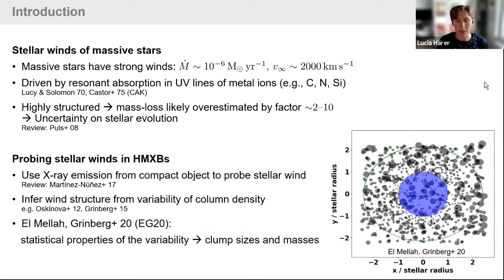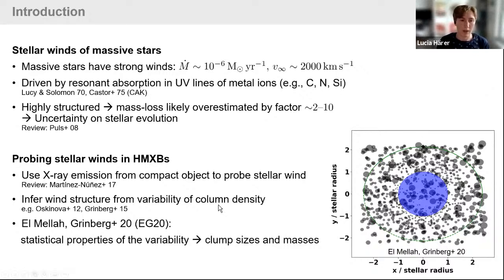Stellar winds of massive stars can be probed in high-mass X-ray binaries. We can use the X-ray emission from the compact object as a backlight to study the absorption in the wind. The structure in particular can be studied from the variability of the column density.